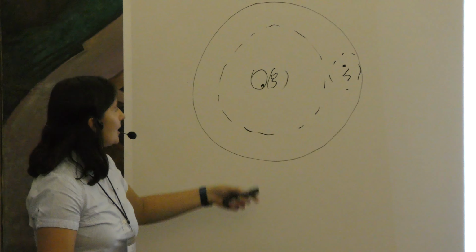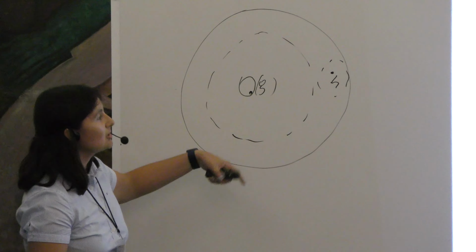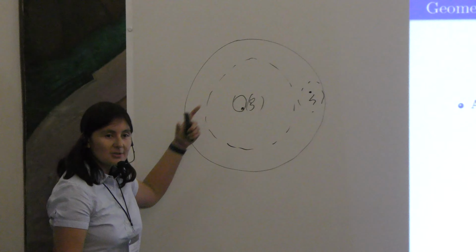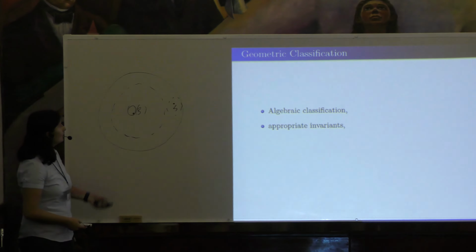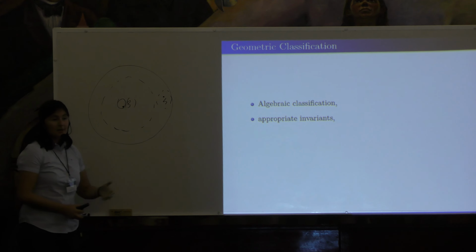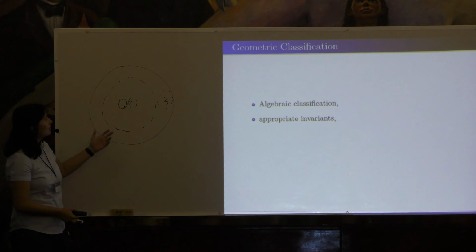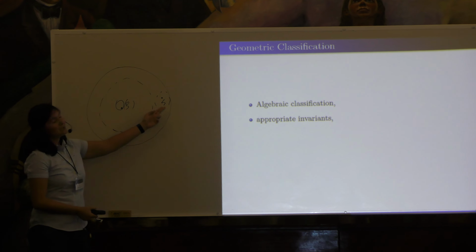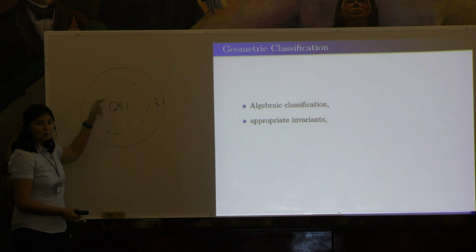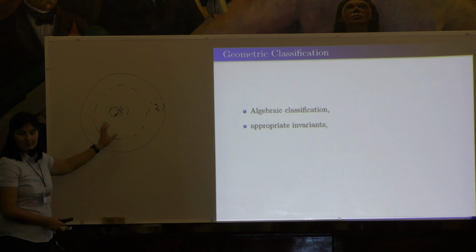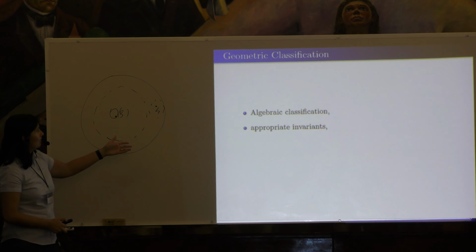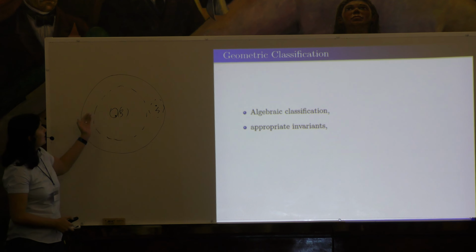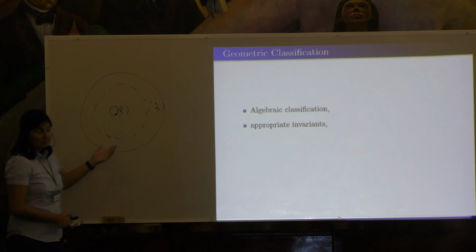So the algebraic classification gives us these orbits, and we want to understand what happens with the closure. For doing that, we need some invariants. So we can say this Lie superalgebra lives in the frontier of the orbit of this other Lie superalgebra. Using these invariants, we can discard these possibilities.